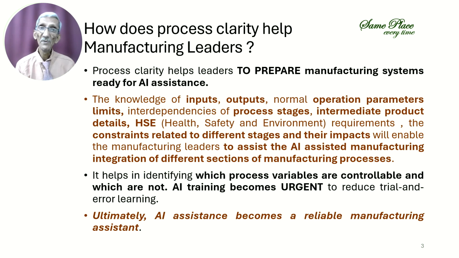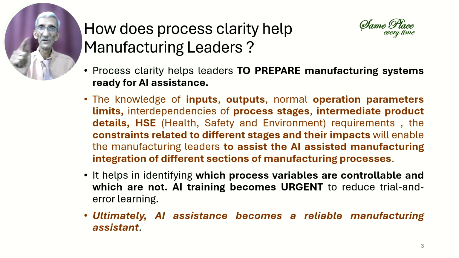So, ultimately, what's going to happen? The AI assistance is going to become reliable manufacturing assistance. Reliable means proactive, to identify the problems and clear them before the AI realizes that it is going to be interrupted by some problem.